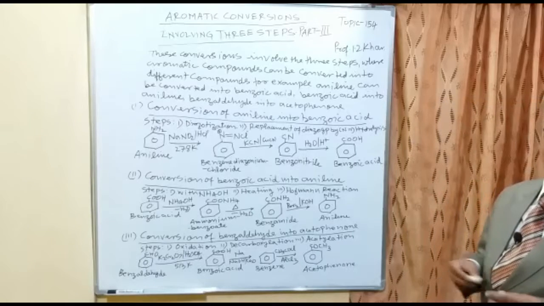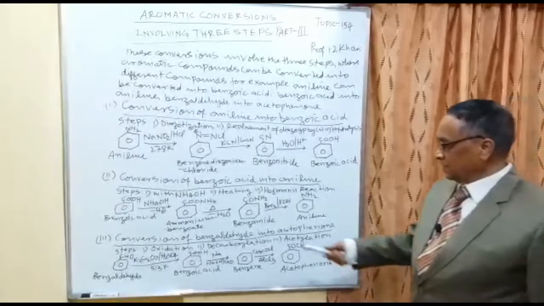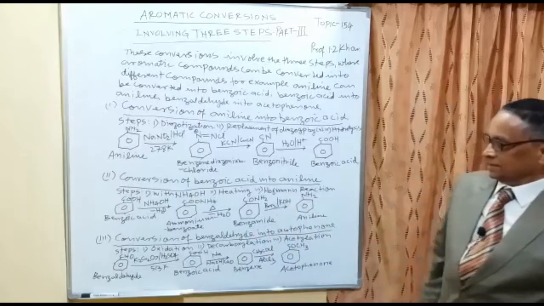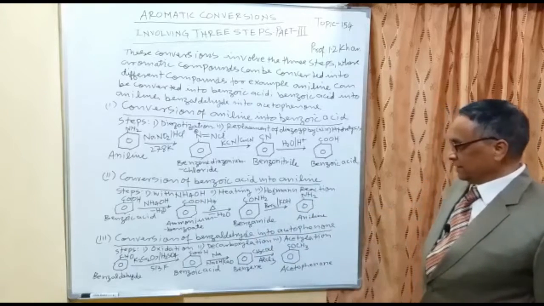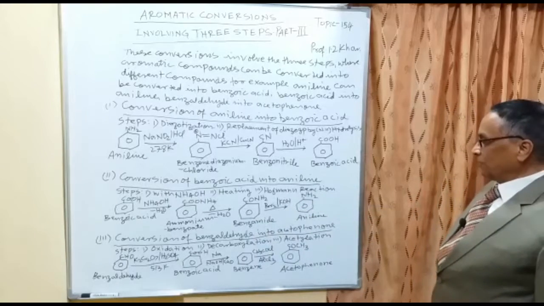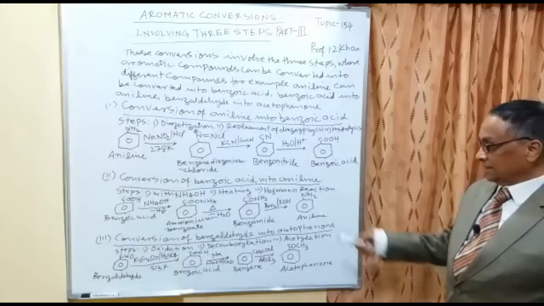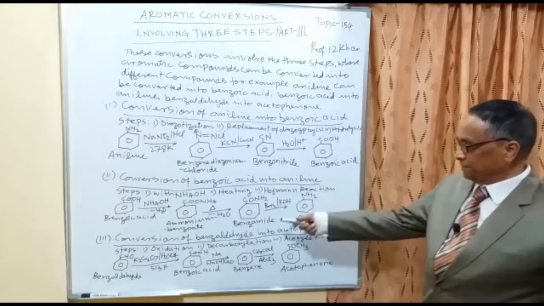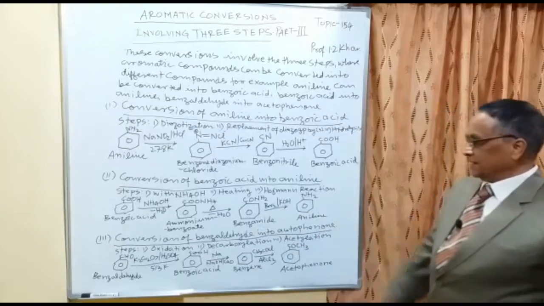And when this benzoate is heated, it will lose 1 molecule of water and we will get benzamide, that is C6H5CONH2. And when it is treated with bromine and base, that is called the Hofmann bromamide reaction or Hofmann reaction. It is a name reaction, and in this way benzamide is converted into aniline.